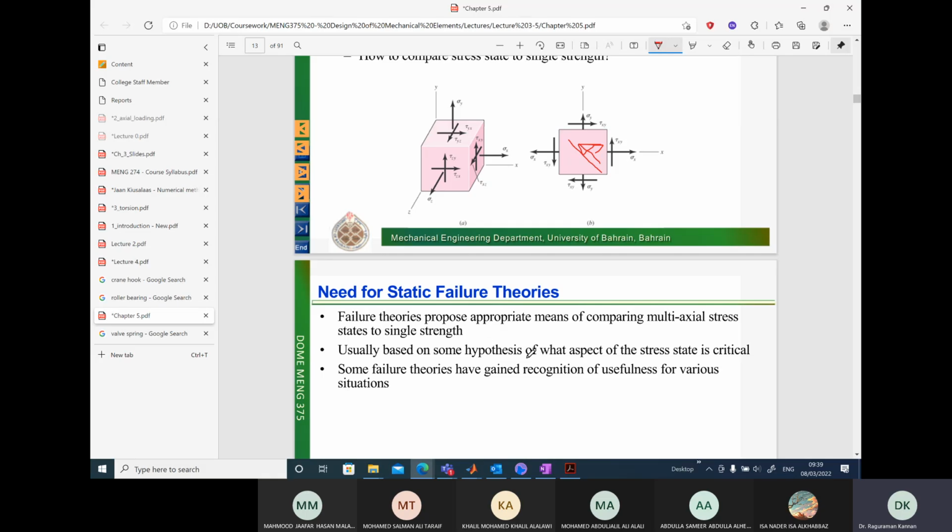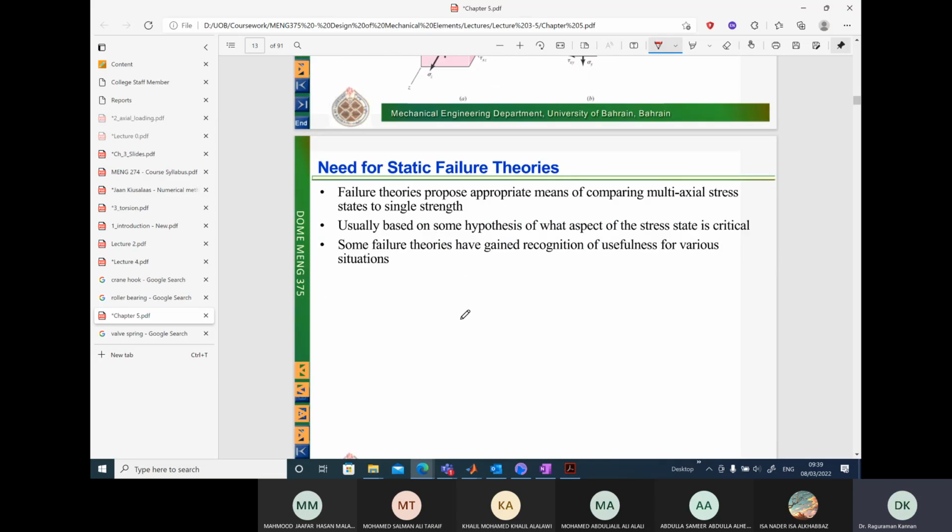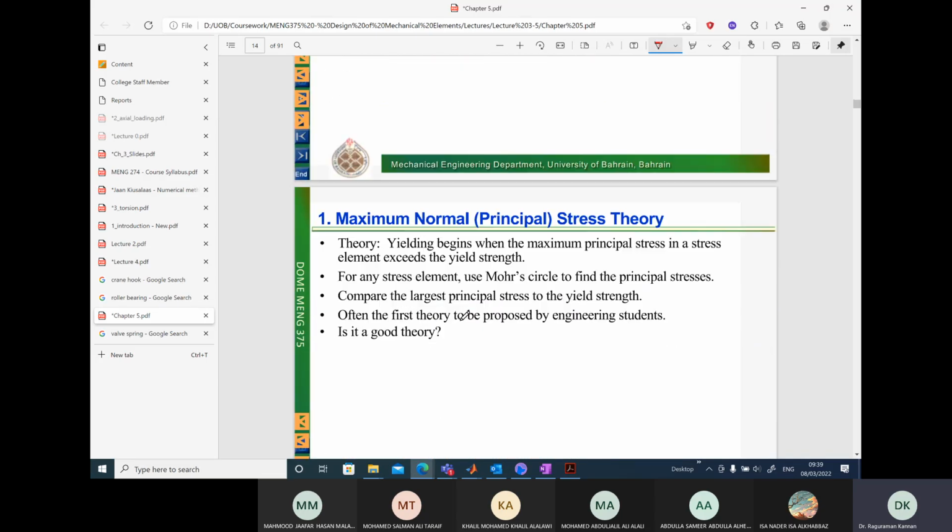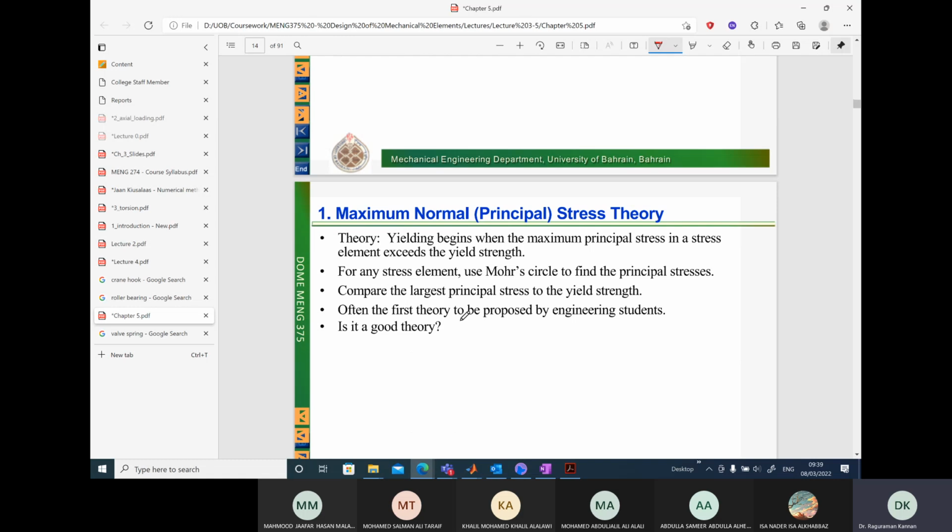A theory will have a hypothesis and then we will try to experimentally determine whether the hypothesis is right or wrong. Some failure theories will be suitable for a particular type of material and some other failure theories for different types of materials. Okay, so let's go and see some of the failure theories, especially for ductile materials.